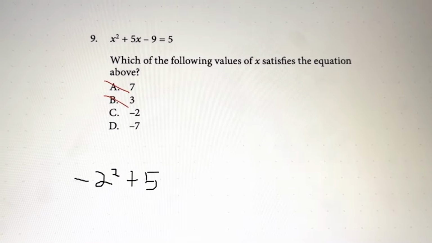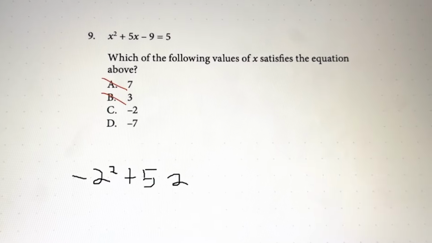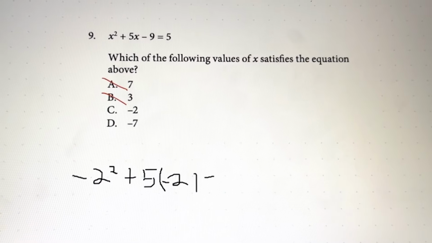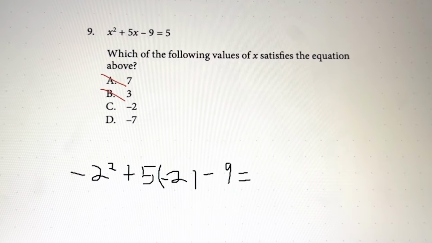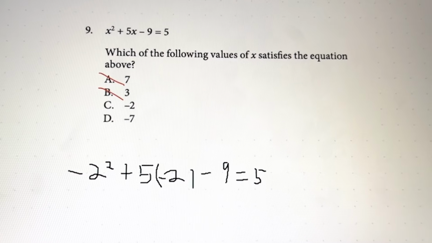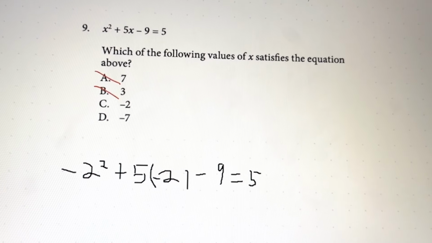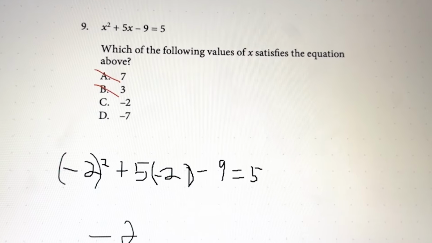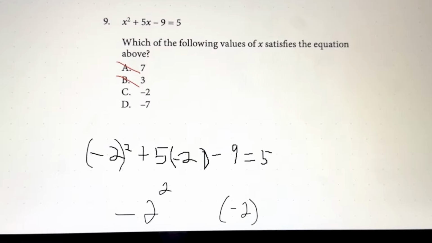Good. I like that you put those parentheses in there, right? So it doesn't look like 5 minus 2. It's 5 times negative 2. There's one more thing, though. I would add some parentheses here. Because there's a difference between negative 2 squared and, in parentheses, negative 2 squared.